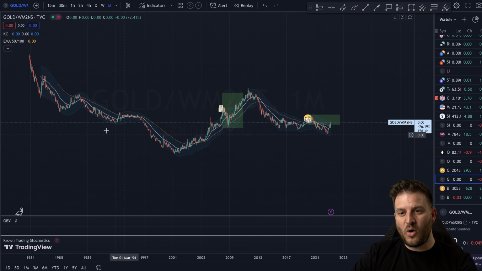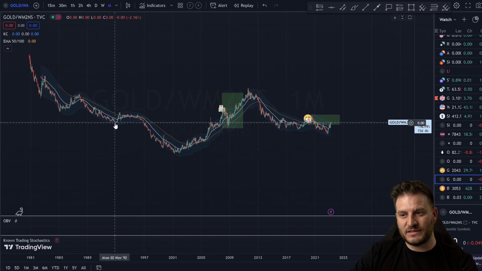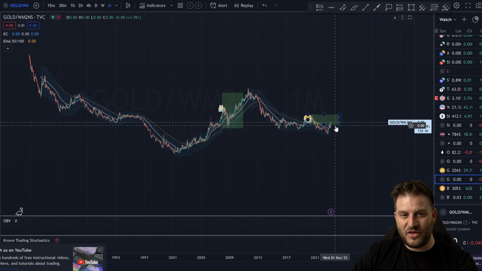So if you'd have bought an ounce of gold in 1992, over that like 30 years, that amount of money you invested hasn't increased in what you can buy with it. It's just kept and maintained that purchasing power.